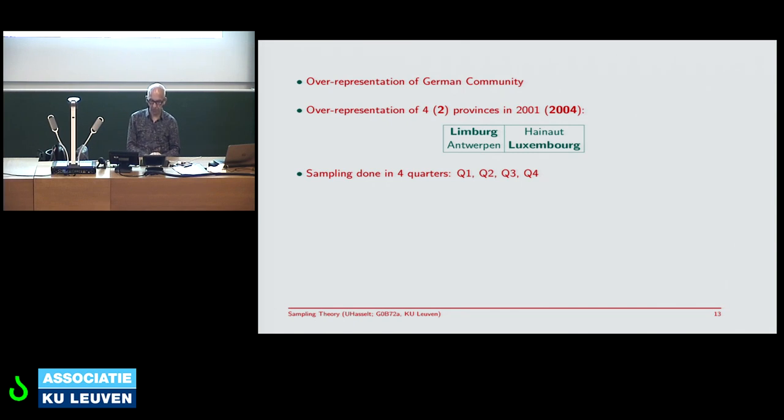0.6% of the population. It's very small, and either you leave them out or you overrepresent them to say something meaningful about them. It doesn't matter at the Belgian level, right? At the Belgian level, we might say, let's ignore the German community, let's not use it. Is that acceptable?